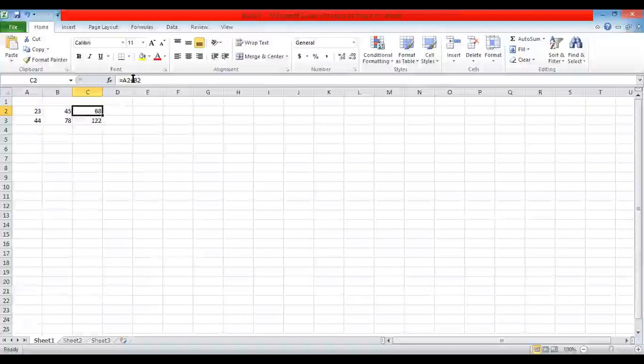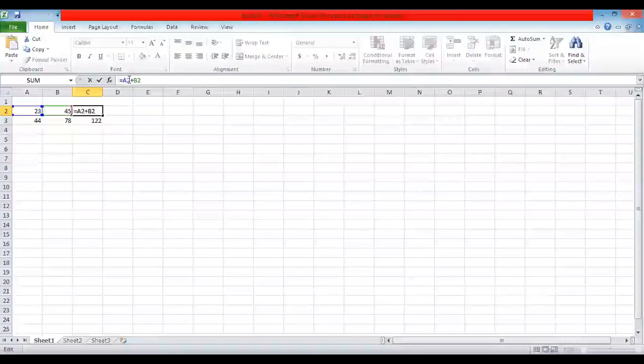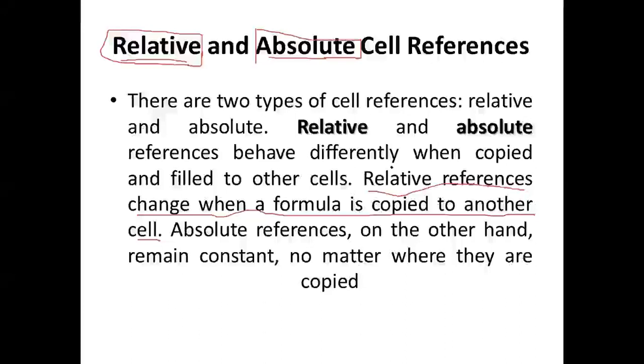That particular thing where you are able to reference the operator minus referencing the actual operands is what we call relative referencing.